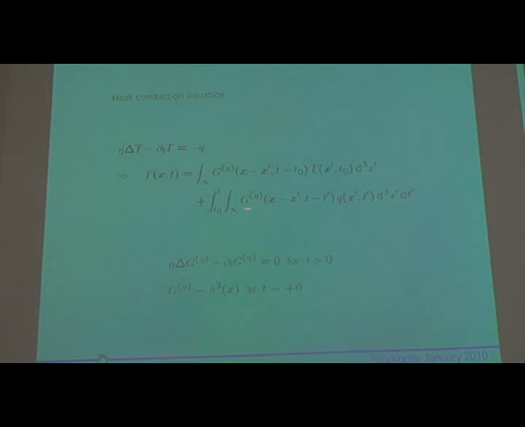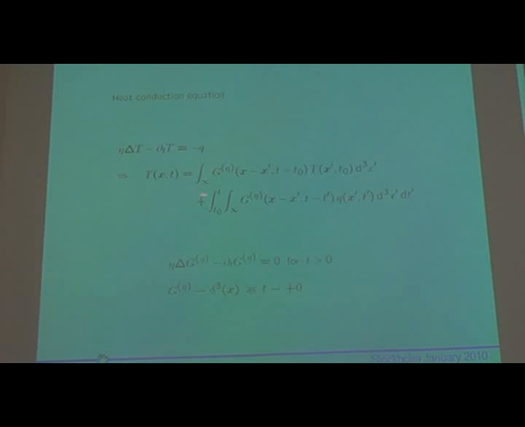So you get this with 0 here, but the Green's function has a property that it goes to the three-dimensional delta function. So you just produce the right-hand side. So you have a solution of this equation.